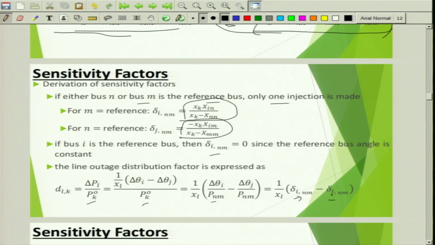So this is how you express the line outage distribution factor with respect to the phase angle change at bus I due to power flow change from bus N and M.